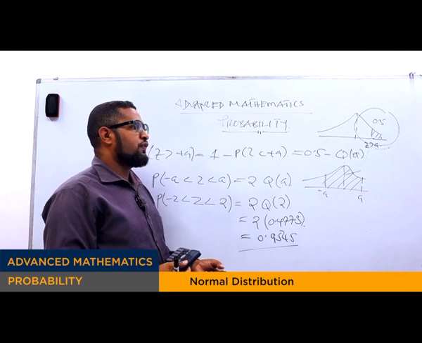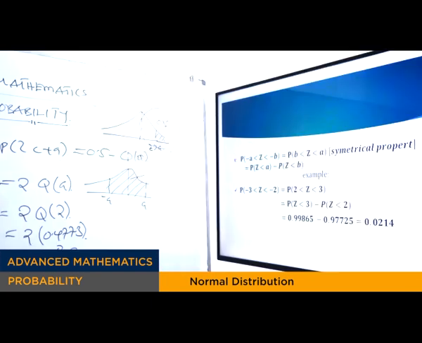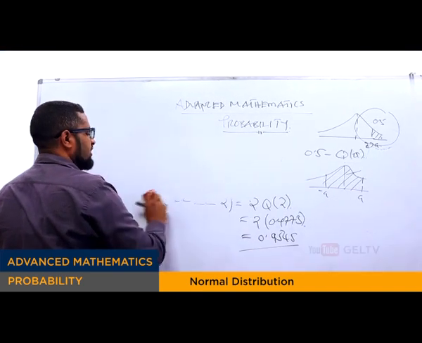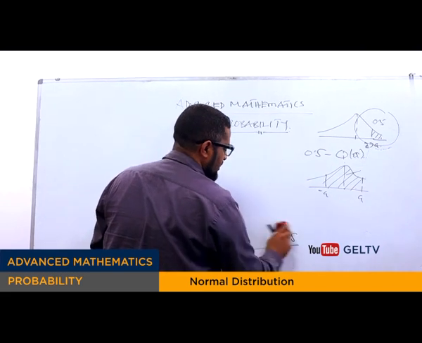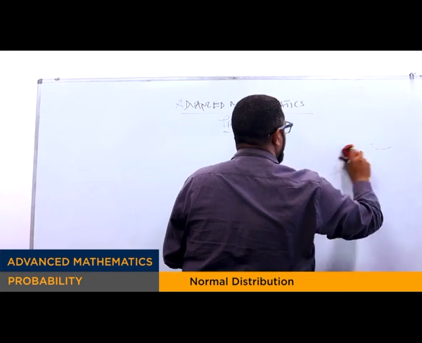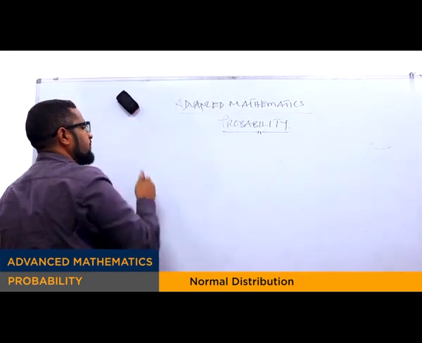Next, what if you are given probability of negative a less than z less than negative b? So the numbers now are not equal, and even the signs are not the same.